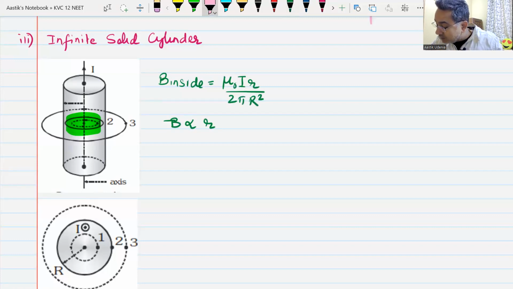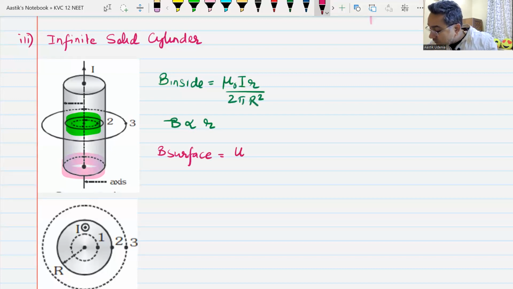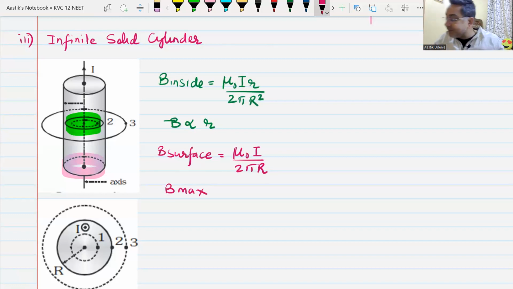If you look at the point on the surface, this is the surface loop that I have created on the surface. Magnetic field on the surface will be mu naught I by 2 pi into capital R. This is the maximum magnetic field.